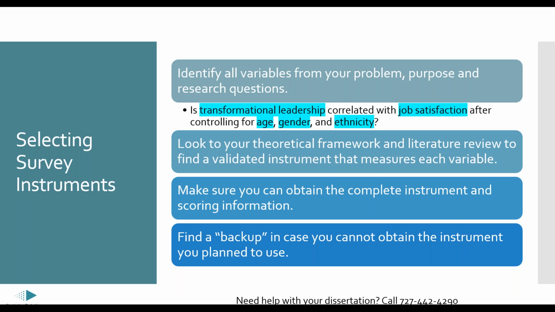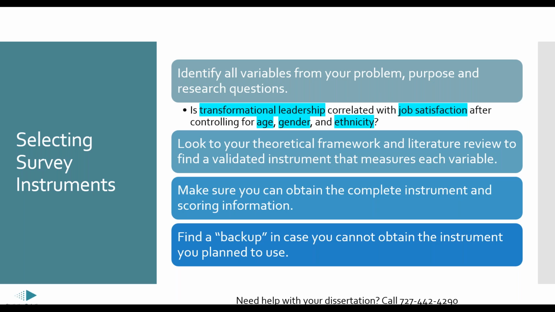And for this reason, you may want to consider identifying at least one or two backup instruments in case the primary instrument that you find to measure the variable you're not able to use for some reason. So, maybe you can't get the full set of questions, maybe you're not able to get in touch with the instrument authors or the company that distributes the instrument.